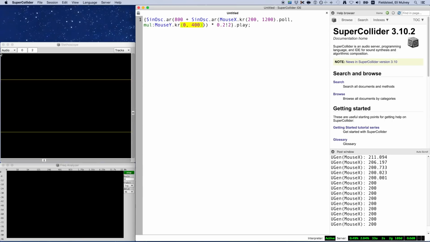In fact, this is rule number 2 of FM, and that is the interval at which sidebands appear is equal to the modulator frequency.